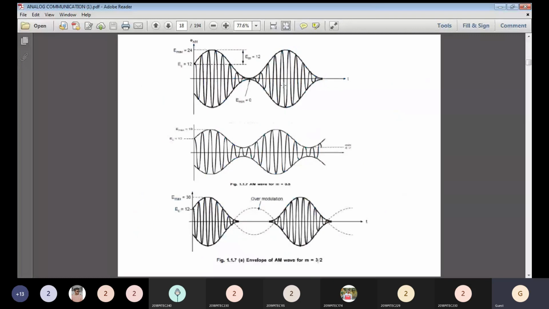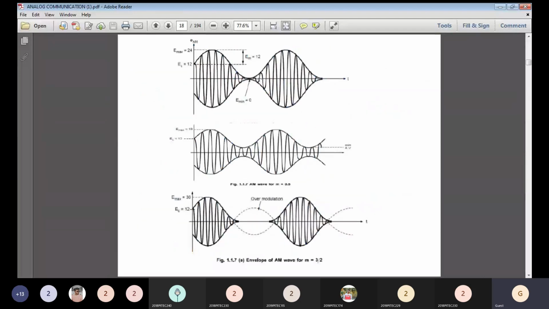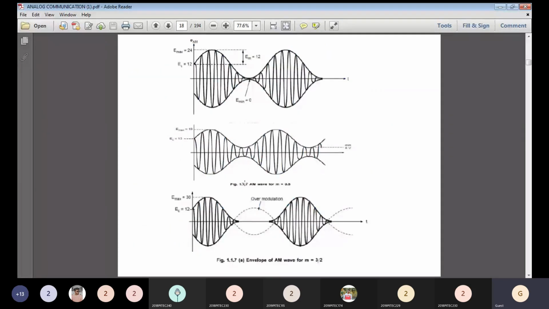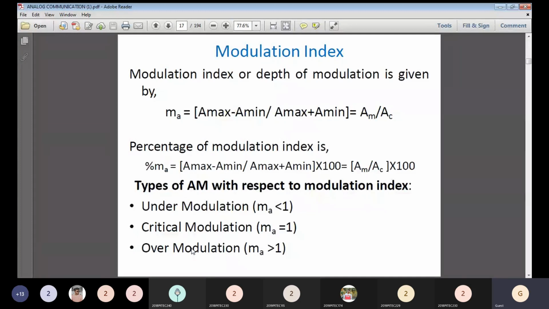Next, three diagrams represent the degrees of modulation. The first diagram is critical modulation, Ma equal to 1. Here Em equals Ec; the amplitude values of carrier and message are the same. Next is under modulation, Ma less than 1; the second diagram shows under modulation.